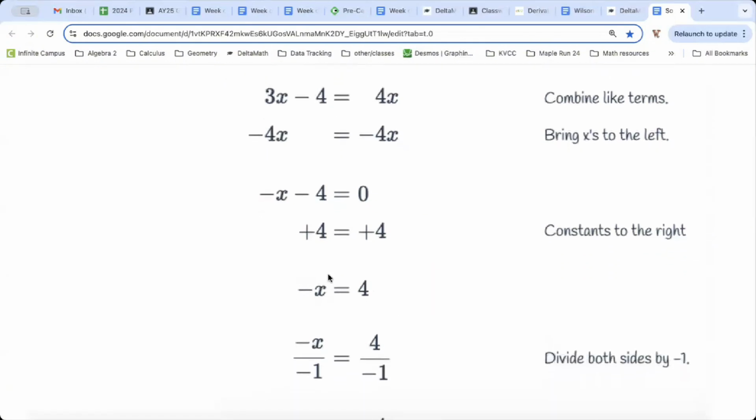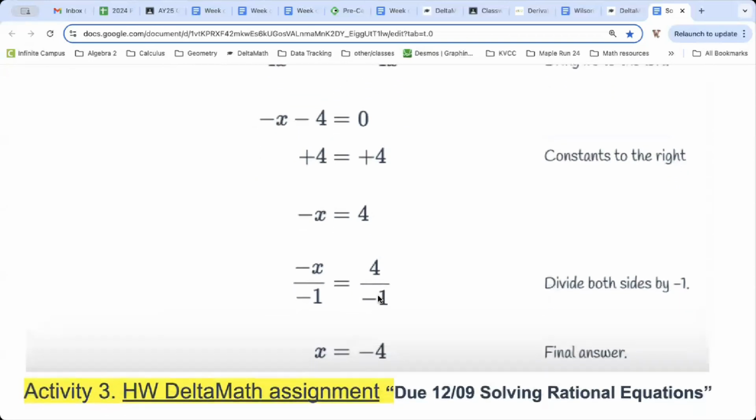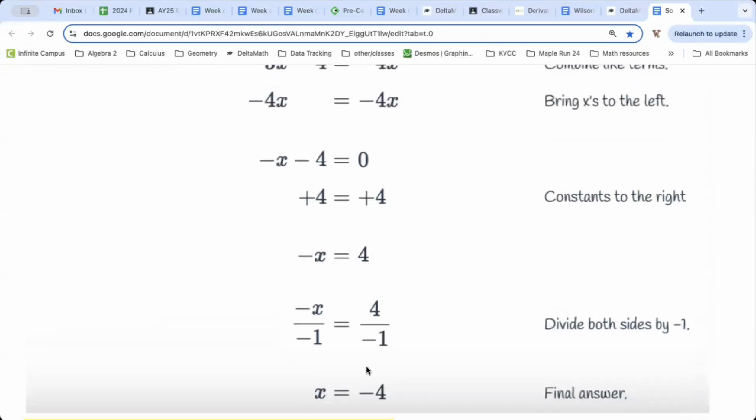And if the opposite of x is equal to 4, you can do mental math, and you realize that x is equal to negative 4. So this, we just gone through the step-by-step process on how to solve a little bit complex rational equation.